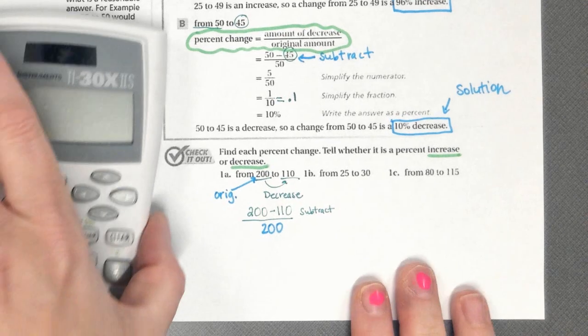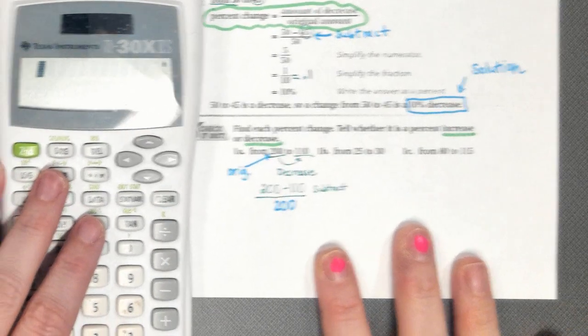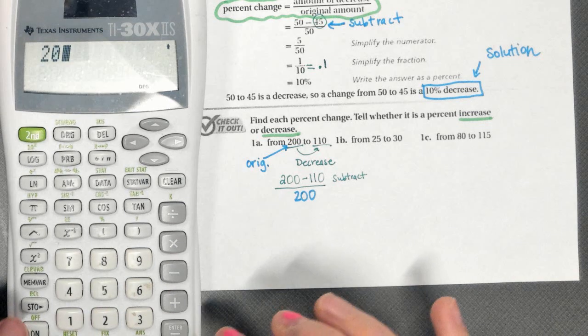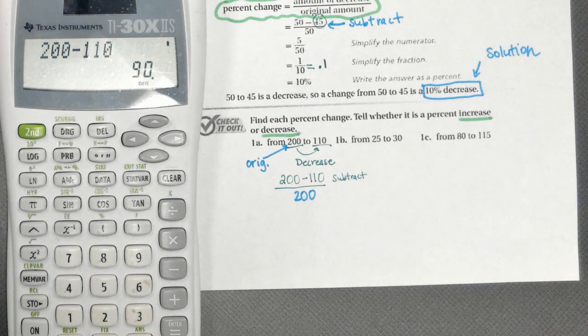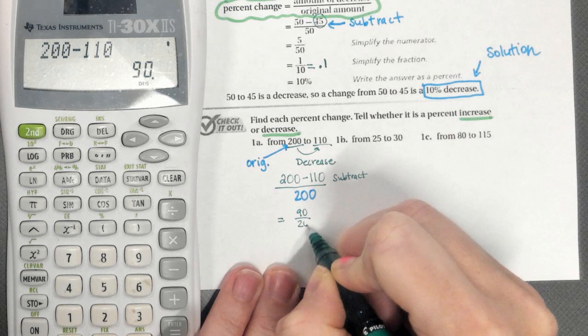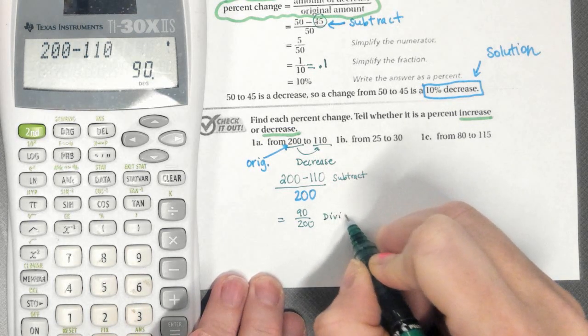All right, so now we're going to calculate this. So do this part with me. So when you do the next one, you'll know how to do it. So we're just going to do 200 minus 110. So we have 90 over 200. So after you subtract, you're going to divide.